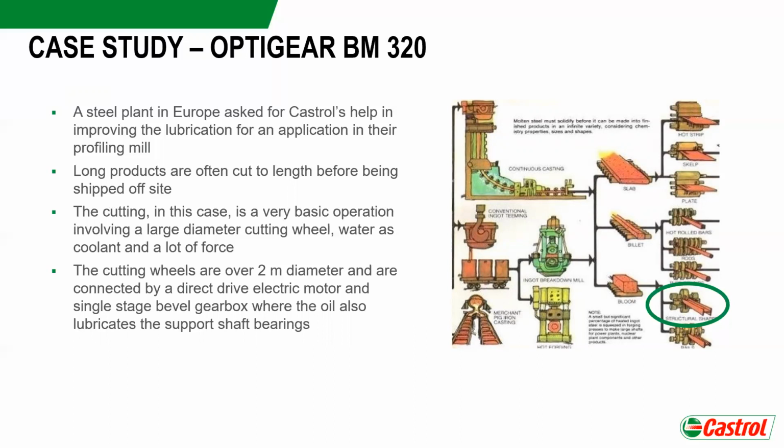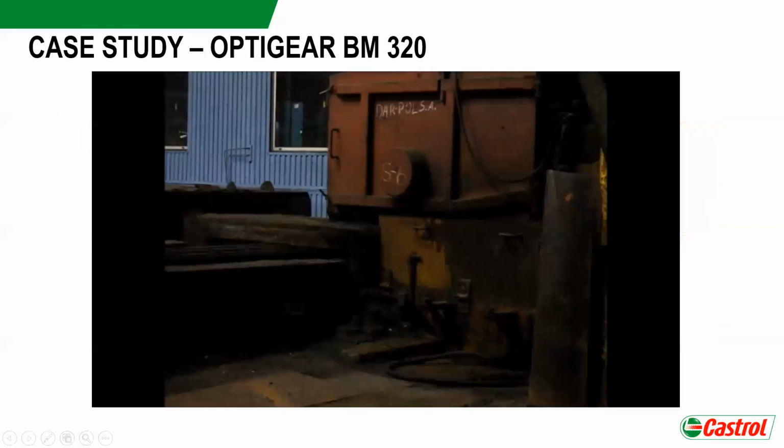There's some water involved, but mainly these cutting wheels are just run through these I-beam sections, many times during each shift, etc. And eventually the gearboxes break because there's too much shock loading there. So to give you an idea of what that application looks like, we can go to the next slide, and there's a short video.